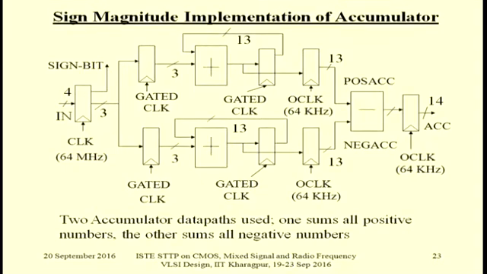You have to introduce routing: depending on whether the sign bit is 0 or 1, the input will be routed to this data path or that data path. So essentially there are 2 separate data paths, one for the summation of the negative numbers, the other for the summation of the positive numbers.